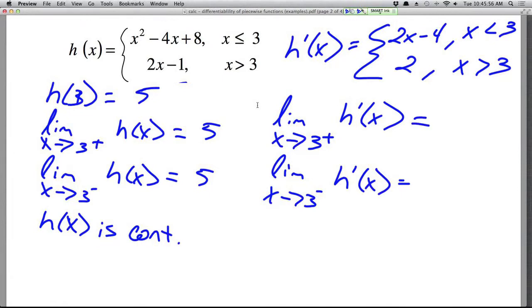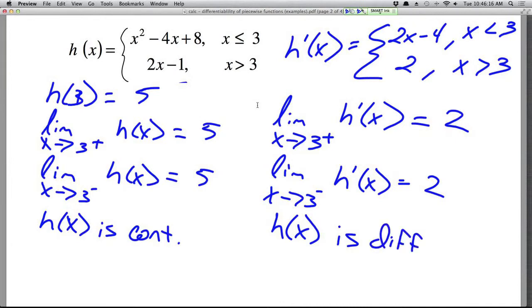From the right, 2. From the left, 2. So what does that mean? The limit of the derivative exists. Yes, it's 2. Which means h of x is what?